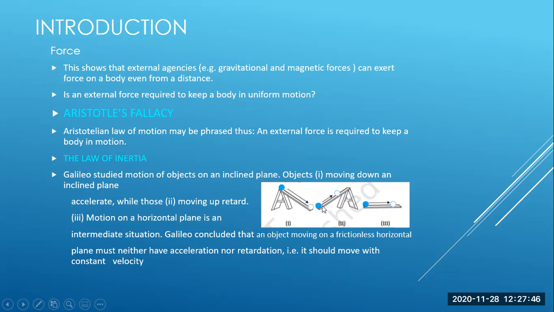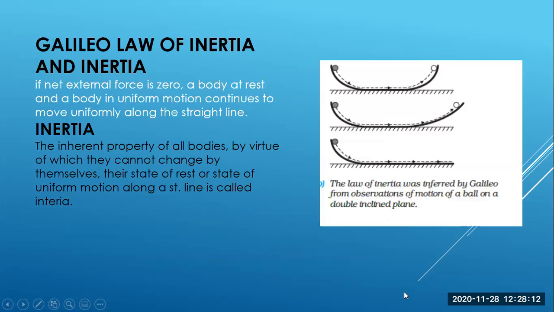Then it should move with constant velocity. This observation is contrary to Aristotle's doctrine. He said that an external force is required to keep a body in motion. But if it is a horizontal surface, Galileo observed it must continue to move. There came the difference. Let's go further.